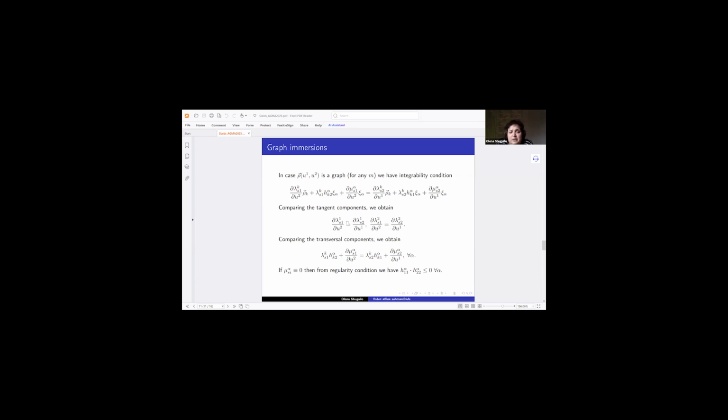Comparing tangent components, we obtain such equations for every alpha.